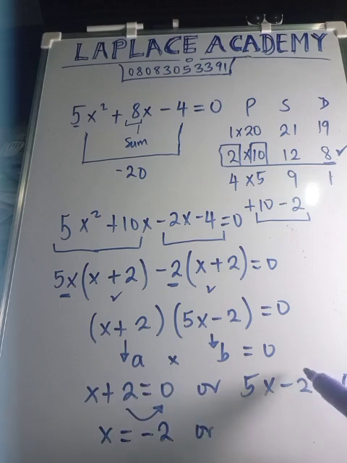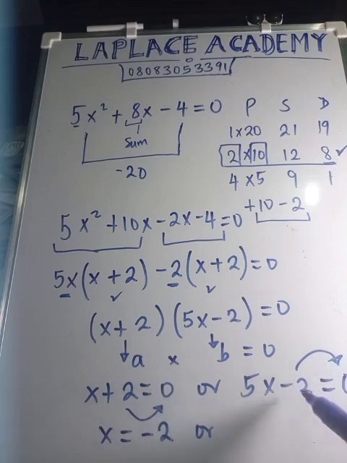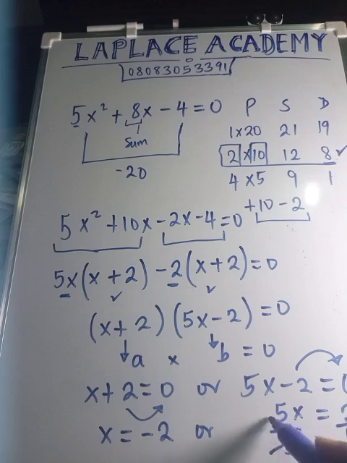Or we take minus 2 to this side and it becomes 2. 5x equals 2. We are looking for x, so we divide both sides by 5. And we have x equals 2 over 5. And that's how to solve a quadratic equation. You can feel free to ask me questions.